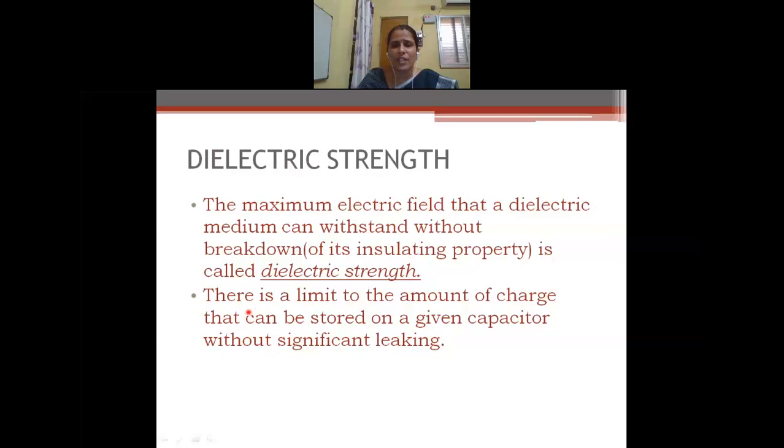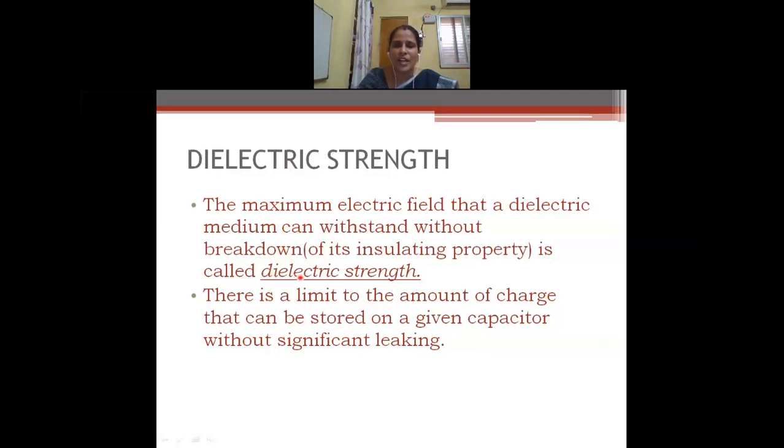Again, this is a very important point: there is a limit to the amount of charge that can be stored on a given capacitor without significant leaking. First you should understand what dielectric strength is: the maximum electric field that a dielectric medium can withstand without breakdown.